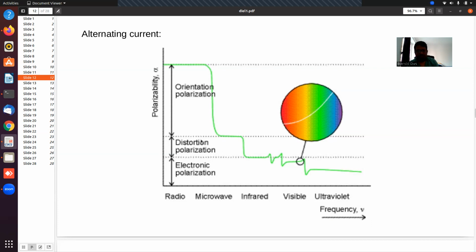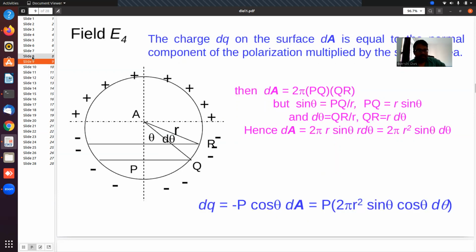But if we use a very low frequency, then we get very high polarization. What is the reason for that? It is not constant. This polarizability is frequency dependent.